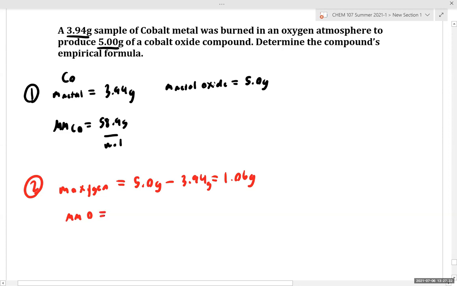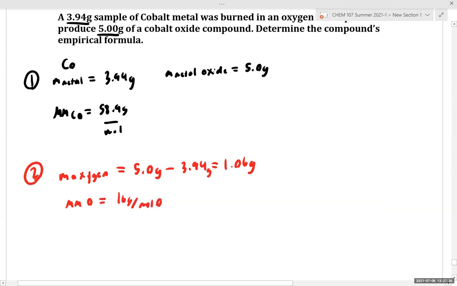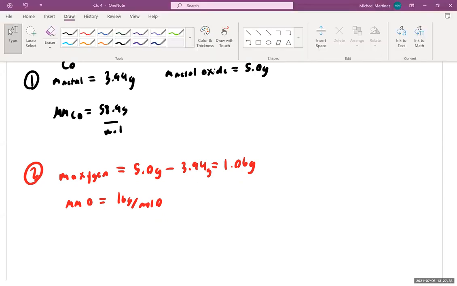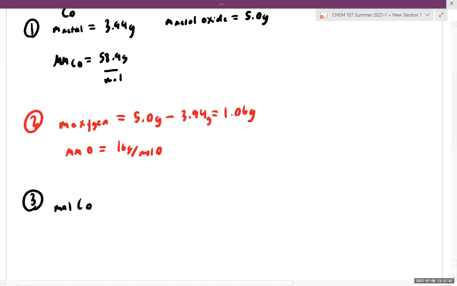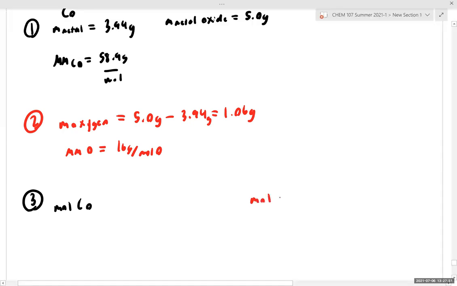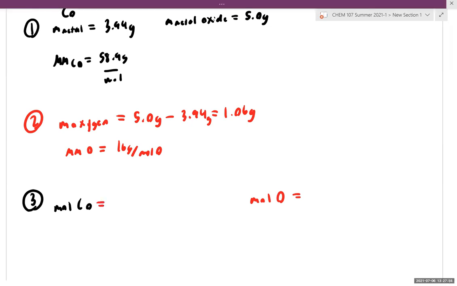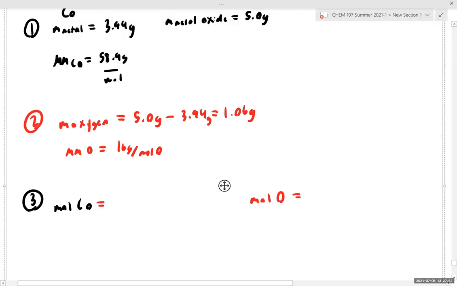And we know the molar mass of oxygen is 16 grams per mole. So with this information in mind, let's try to calculate the moles of cobalt and the moles of oxygen. So how many moles of cobalt do we have in our sample, and how many moles of oxygen do we have in our sample?